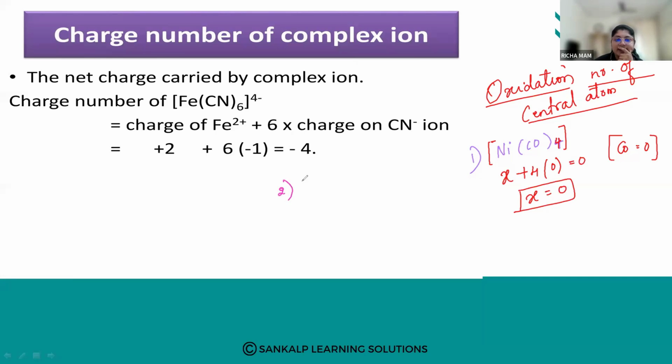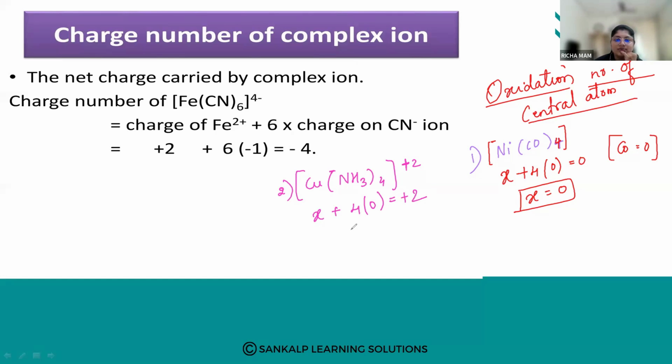So let us find the second one. The second one is copper, Cu(NH3)4 2+. Here also the amino group does not have any charge. So how are you going to write it? Copper is X plus 4 into amino, which is also a neutral ligand, is equal to the overall charge, so you have to write it as plus 2.